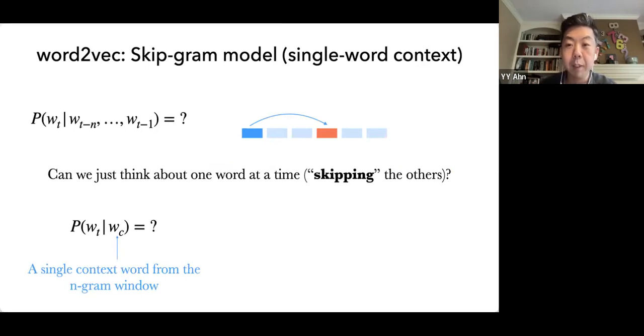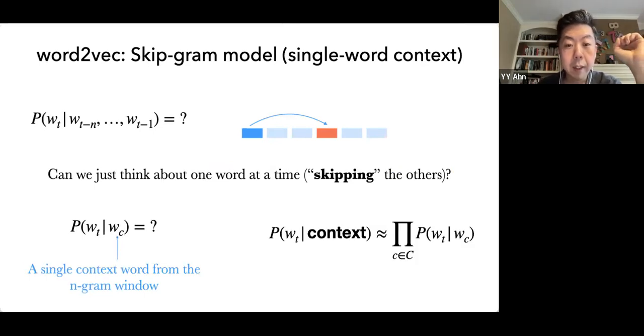We are now thinking about just a simple conditional probability: given that we saw this context word, what's the probability of this target word? And then for the whole context, we can just calculate the probability using the product of all the skip-gram conditional probabilities.